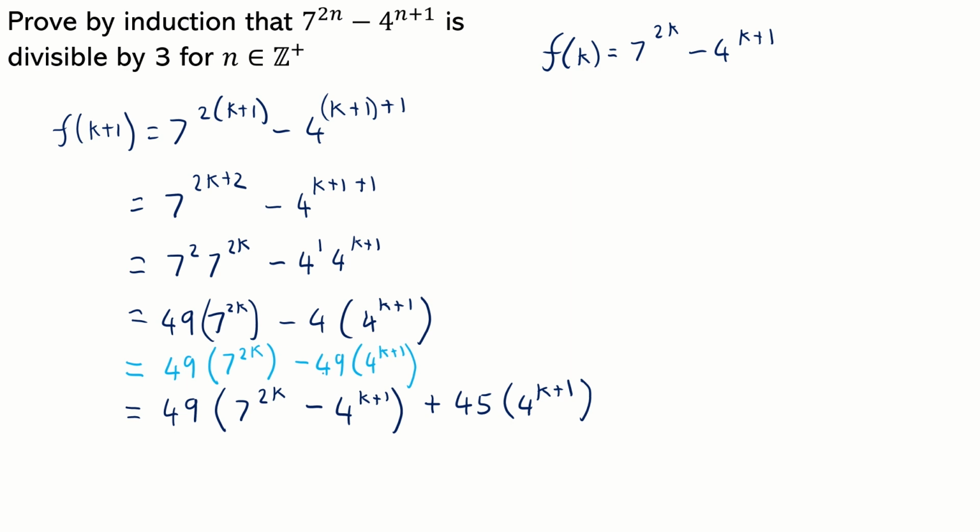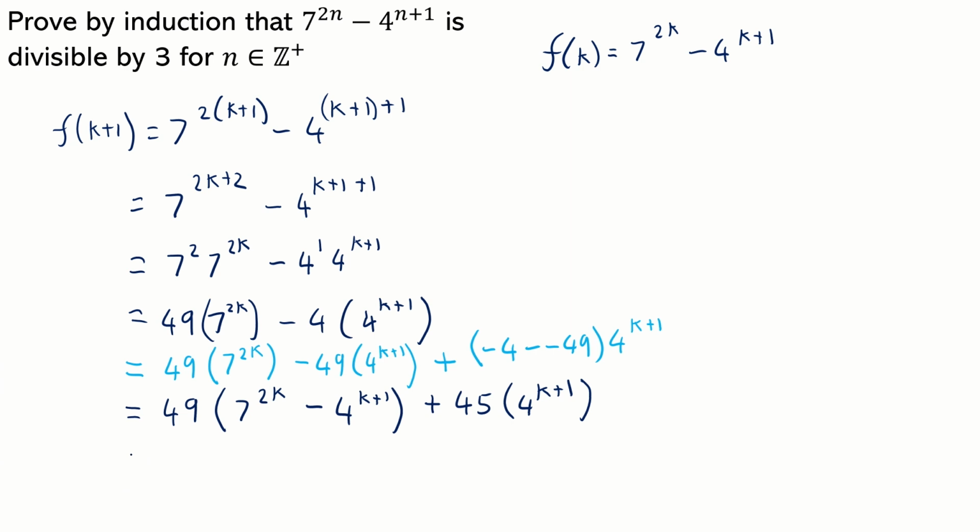I'm trying to match the amount of both of those bases in both places. But therefore, what have I got left over? Well, I'd have minus 4 minus 49 lots of 4 to the power of k plus 1. And that lets you know, okay, I've got 45 lots of 4 to the k plus 1 as the remainder, because minus 4 minus 49 is going to be positive 45.